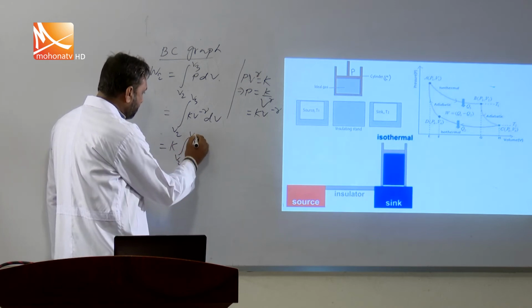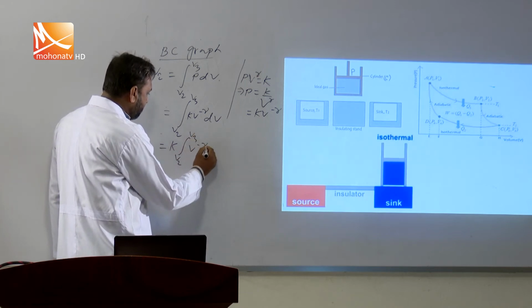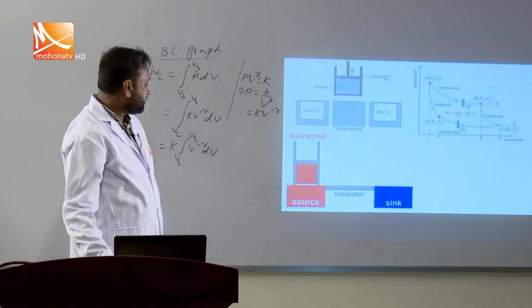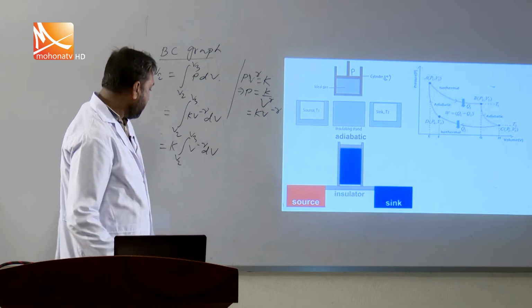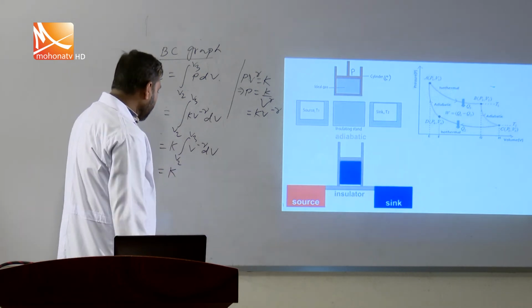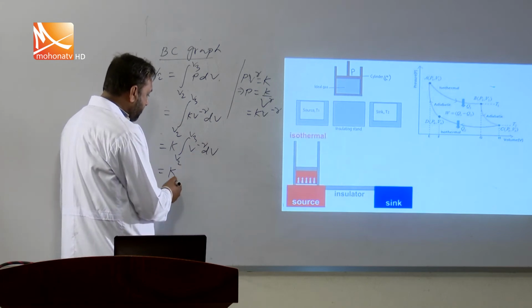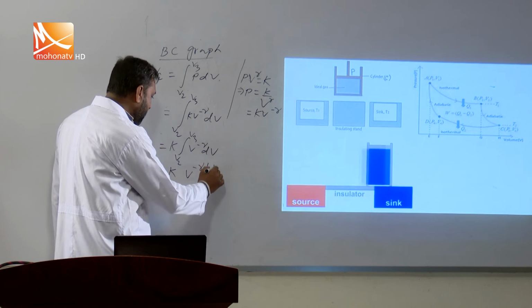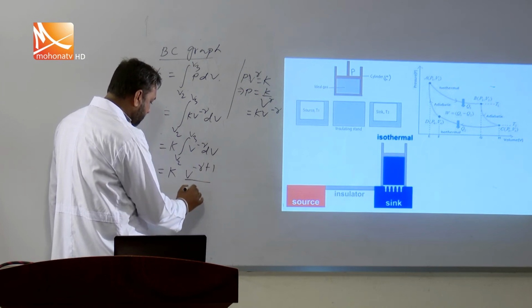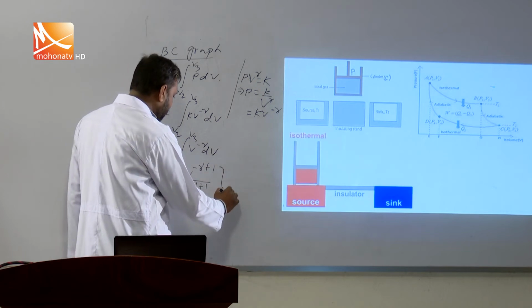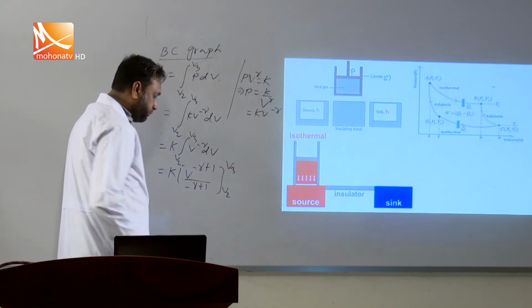You know, the integration of V to the power minus gamma is V to the power minus gamma plus 1 divided by minus gamma plus 1, between V2 and V3.